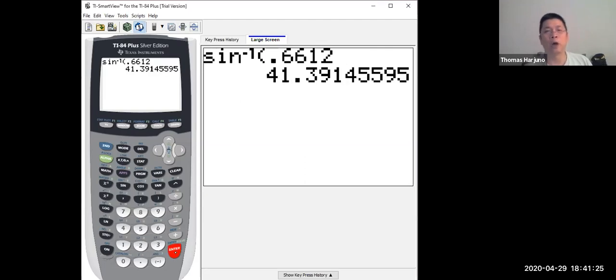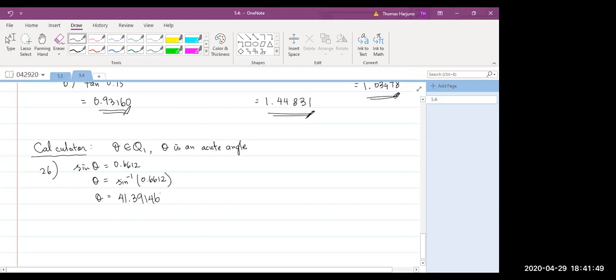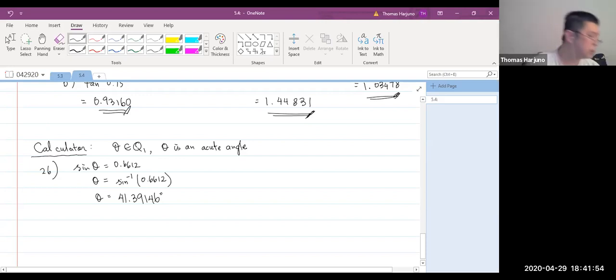I get 41.39146. Is this in degrees or radians? Degrees, so I put the degree sign. That's for number 26. Now you try number 30.